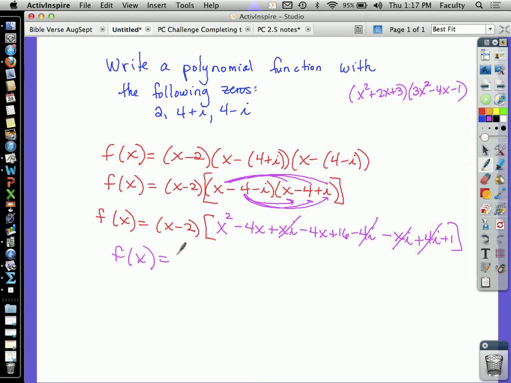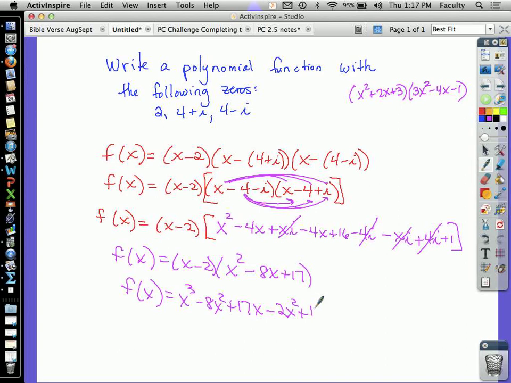So f of x equals x minus 2 times, I have x squared minus 8x plus 17. Whew, okay, that's a lot nicer to deal with than what we started with or even got to the middle of the problem. Now we're not done. We have to take the binomial times the trinomial, but it's a good thing this is fun. This gives us x cubed minus 8x squared plus 17x minus 2x squared plus 16x minus 34. Collect your like terms.